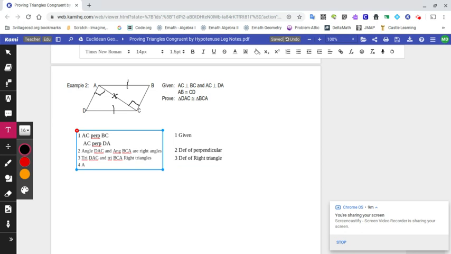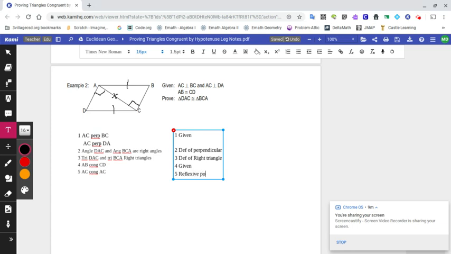Step 4, AB congruent to CD. That was given. Step 5, AC is congruent to AC, congruent to itself, so our old buddy, the reflexive postulate. And we're pretty much done.